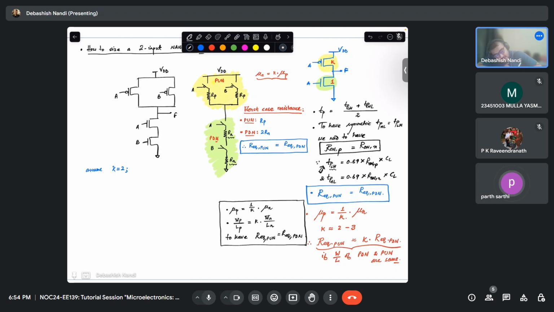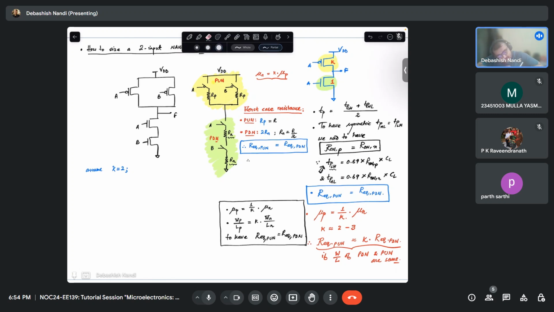Rn should be Rp by 2, right? Yes, sir. Let's say Rp is equal to R, some fundamental unit. So my Rn should be R by 2, right?